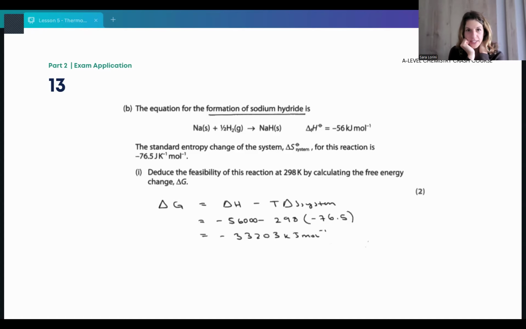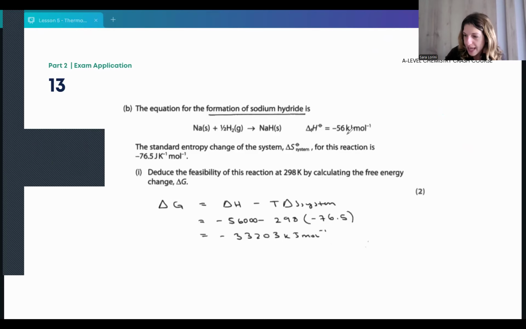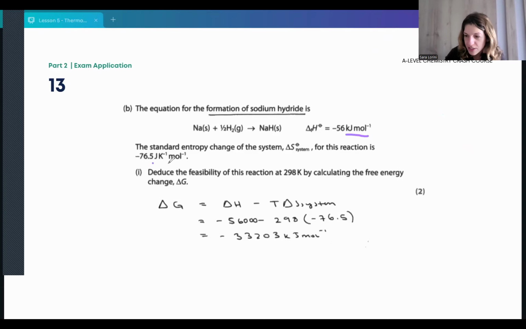So the sign of your delta G is negative and is correct in this case. So we should always think about the correct math. But the most common mistake that can come up is forgetting the units. And come on, they are written right there on the screen. It's extremely important that you notice them, okay? It's a mistake that is not allowed to be made because the units are there.